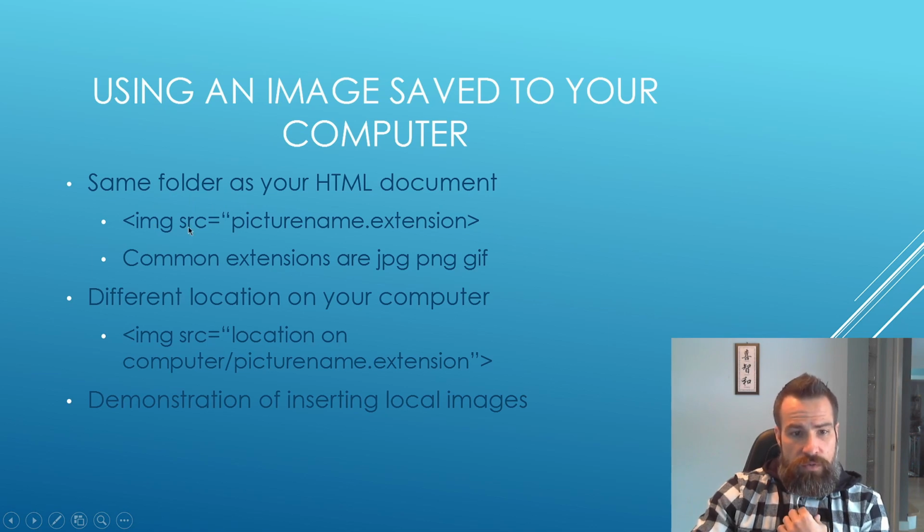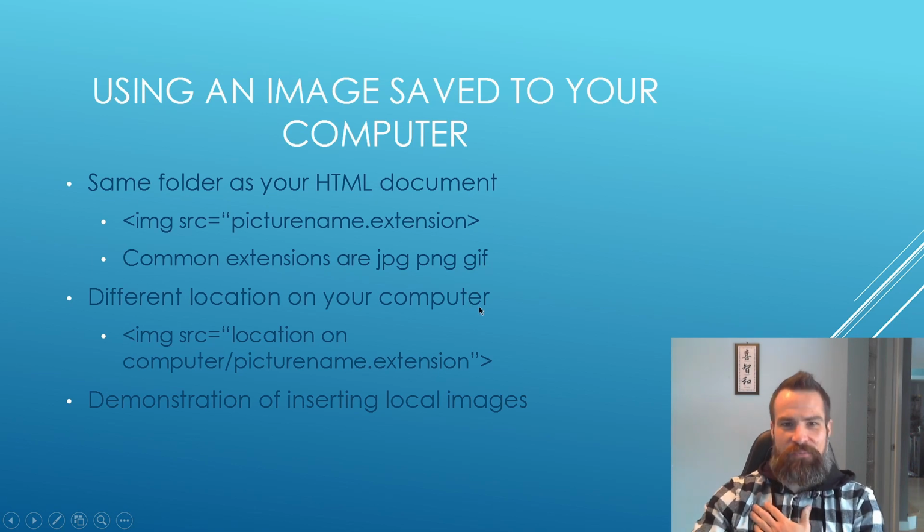This time when we use the SRC attribute, we're going to be using the picture's name, so you're going to name it, and an extension. So often you'll see JPEG, PNG, GIFs or GIFs. I know they're supposed to be GIFs, but everybody calls them GIFs. I'll let you decide what you prefer.